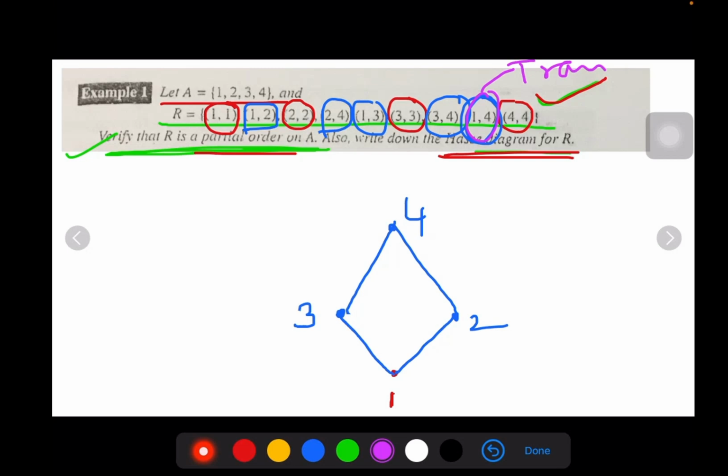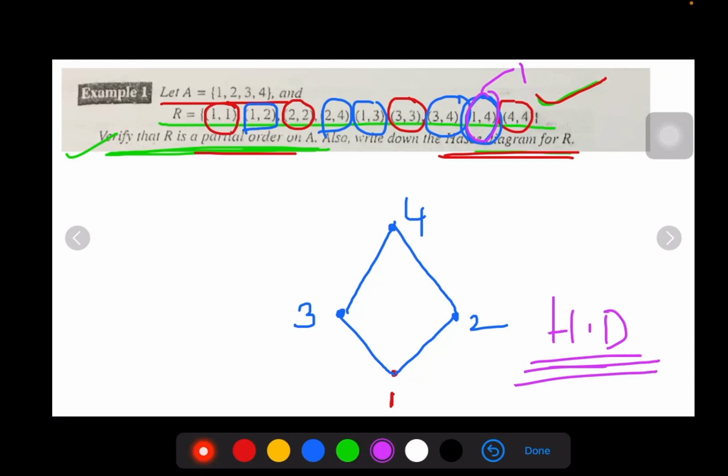I don't write this edge. Remember that you should not write this edge. You cannot write this edge in the Hasse diagram. By default, since it is a Hasse diagram, you will understand that there is an edge from 1 to 4. Okay, this is called the Hasse diagram for the given relation R.